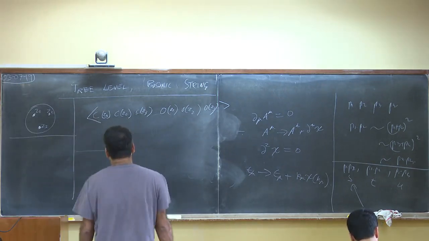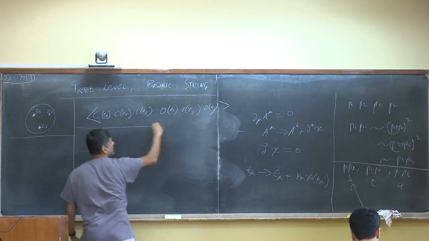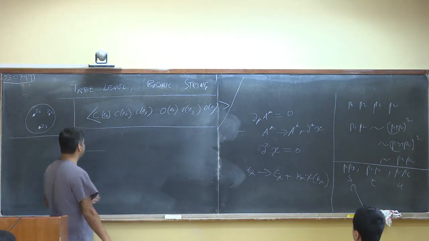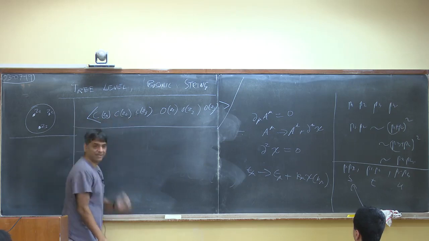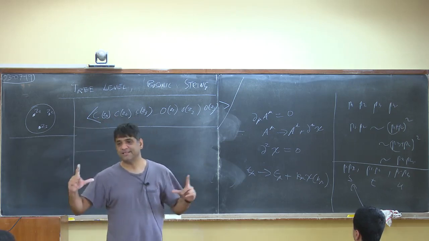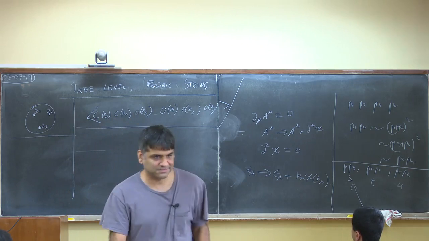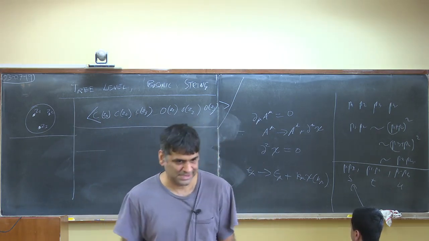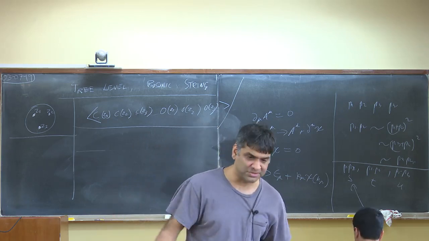Now, let's first start computing. This expectation value is a product of two expectation values. There's the BC-CFT that knows nothing about the matter part, and the matter CFT knows nothing about the BC part.